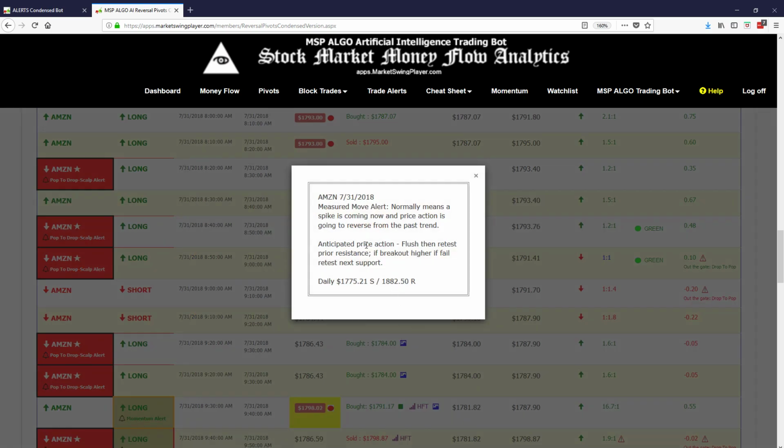Anticipated price action: flush, then retest prior resistance. If breakout, higher. If fail, retest next support.